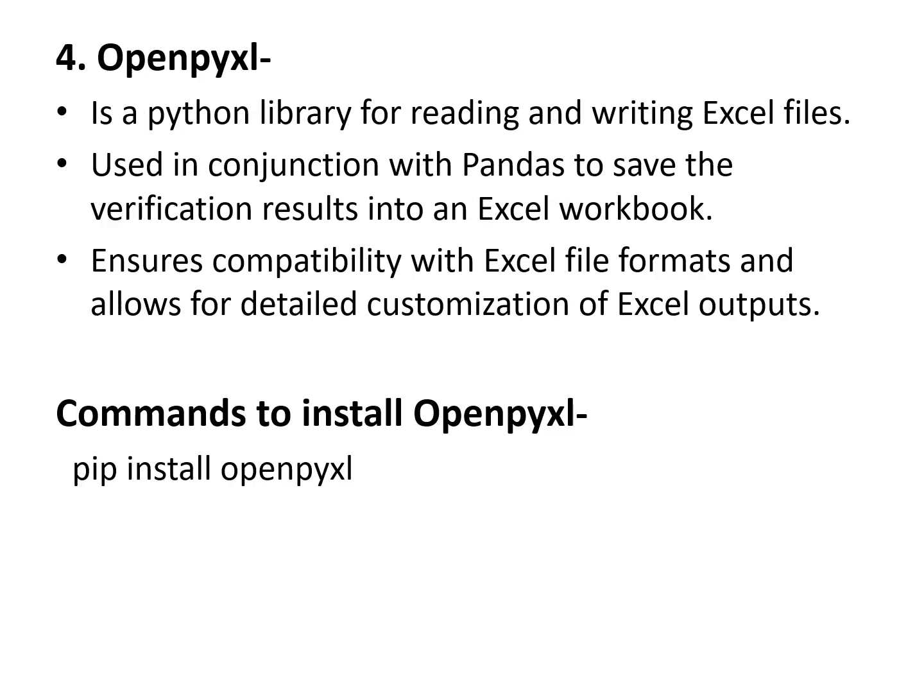Coming to the next, that is OpenPyXL. OpenPyXL is a Python library for reading and writing Excel sheets. It is used in conjunction with pandas to save the verification result into an Excel workbook. It ensures compatibility with Excel file formats and allows for detailed customization of Excel output.